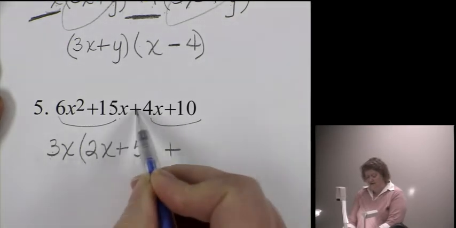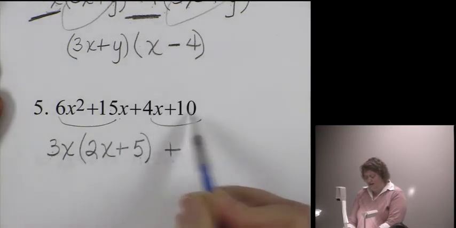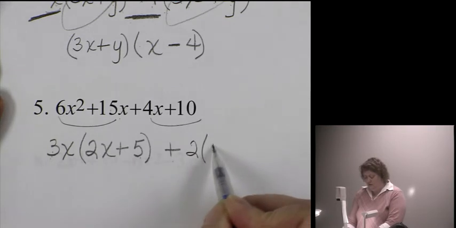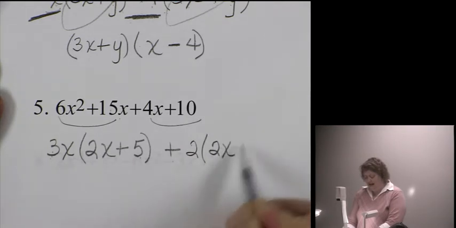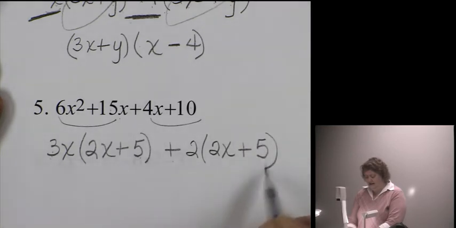Common to the last two terms, the plus sign brings the plus sign down. Common to these two terms is a 2. 2 goes into 4 2 times, leaves the x. 2 goes into 10 5 times, leaves the x.